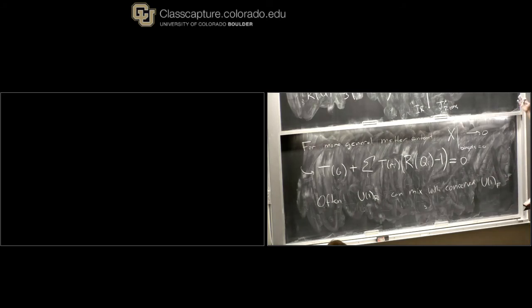And so here it was mixing with the anomalous symmetry, which flows to 0, but in general it could also mix with the non-anomalous conserved U1 symmetries. And then in that case, there's a way to determine which is the right R symmetry.